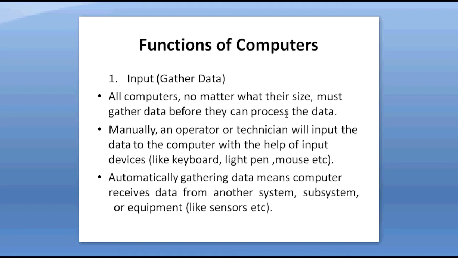Other ways of inputting data include downloading information such as photographs from a camera or memory card for later processing. Data is held in the computer's random access memory for a short time so that it can be processed.